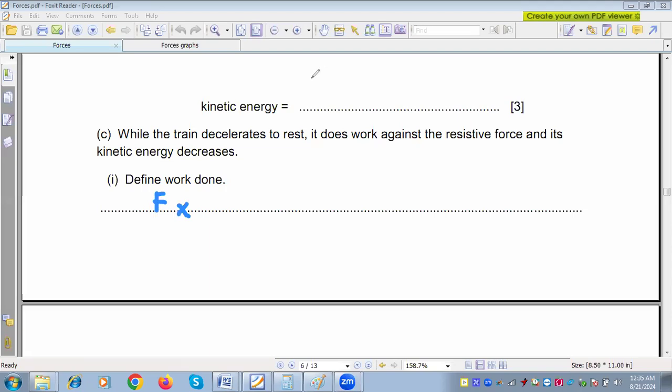This is our kinetic energy value, 3.6 into 10 raised to the power 7 joule. Force multiplied by distance in direction of force.